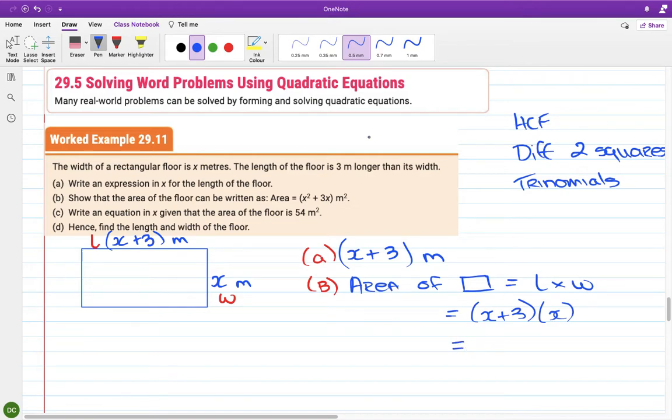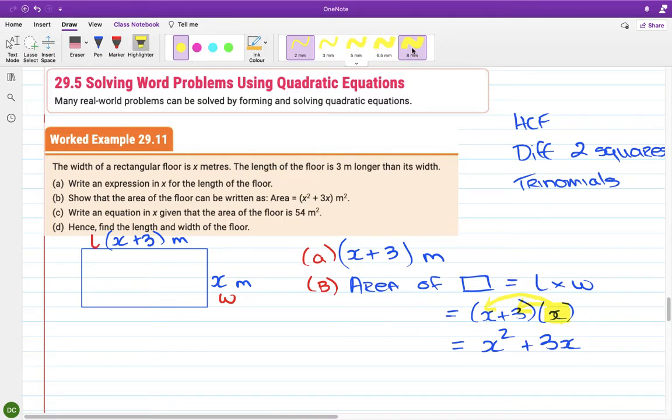So we're going to need to multiply this. When there's something outside the bracket, you just multiply it, so that x gets multiplied by that x, and that x gets multiplied by that 3. So you have x by x, which is x squared, and x by 3, which is 3x. And that is what is here. x squared plus 3x.